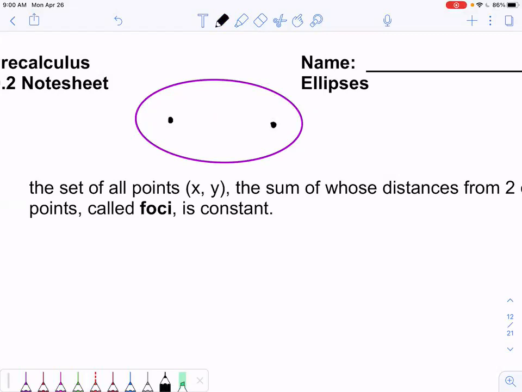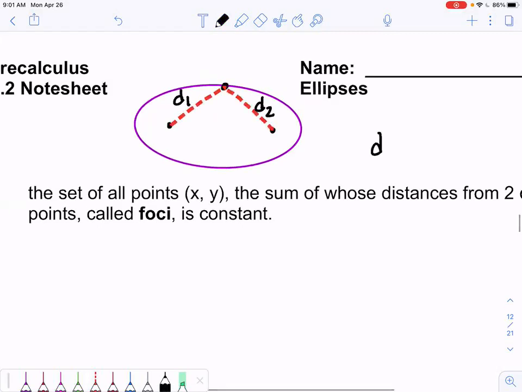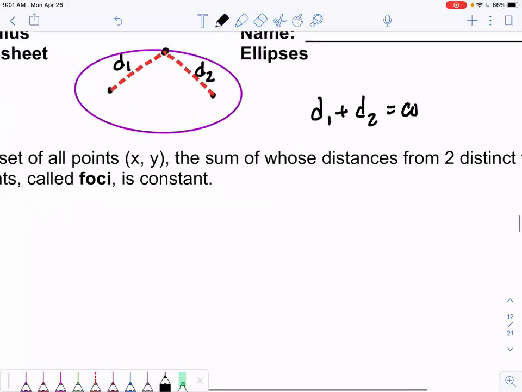They're not moving. So if I take the distance from one focus to a point on the edge and the other focus to a point on the edge, if you add those 2 distances together, that's what sum means. That distance should be the same no matter where you are on the ellipse.